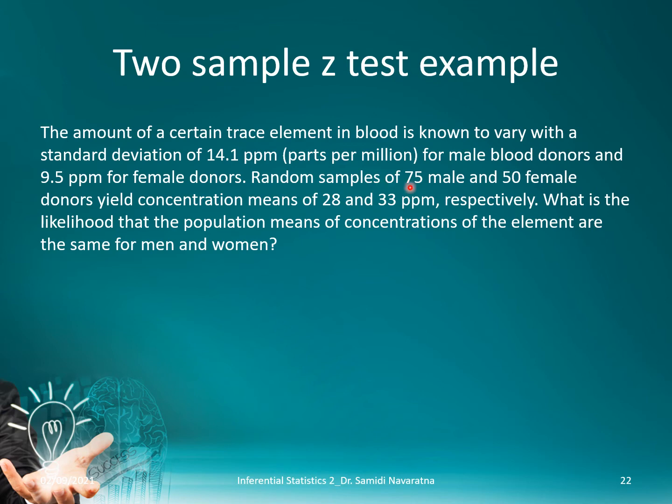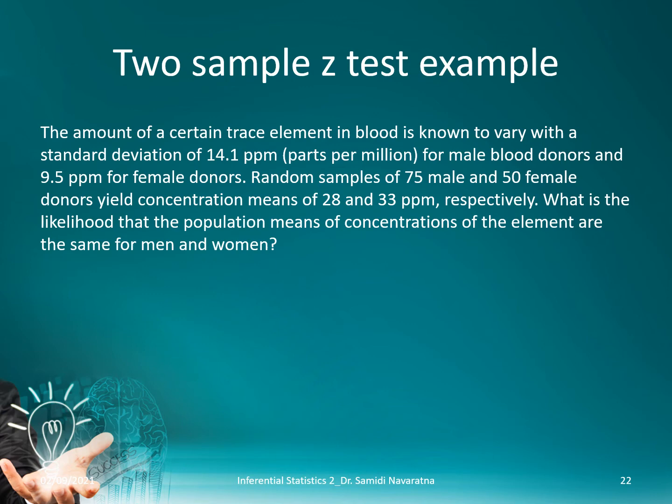Random samples of 75 male and 50 female donors yield concentration means of 28 and 33 parts per million respectively. What is the likelihood that the population means of concentrations of the element are the same for men and women?